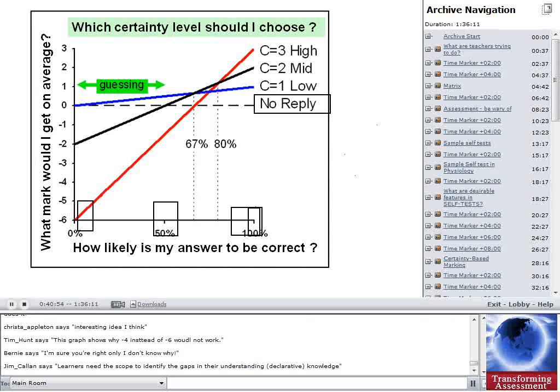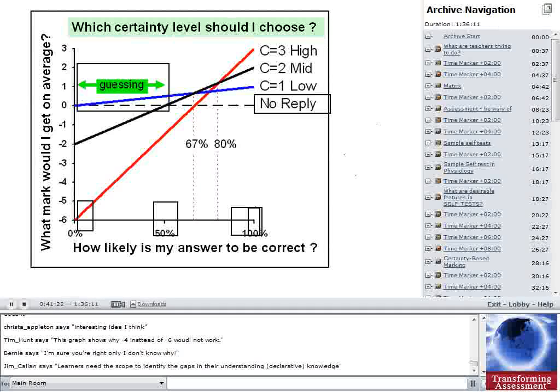Let's suppose you are guessing. Now, if you are guessing, then the probability that you get the answer right is going to be somewhere in this range, depending on the type of question it is. If it's a numerical or a text question and you're totally guessing, then you have practically a 0 chance of getting it right. If it's a true-false question, then you have a 50% chance by guessing of getting it right.